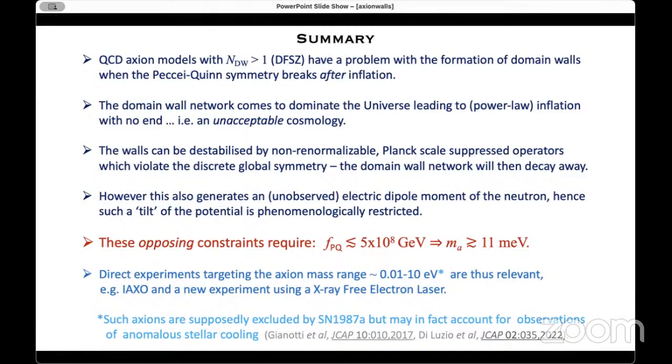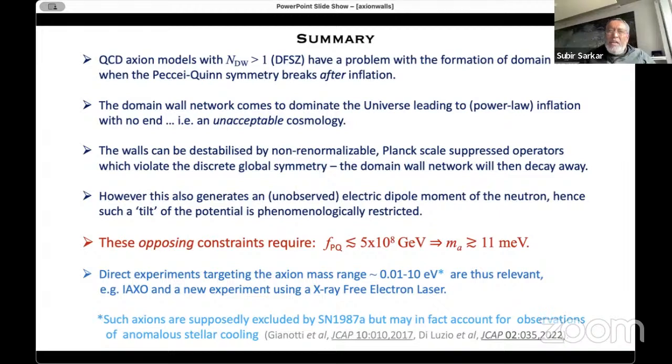So during the spontaneous symmetry breaking, all patches of the universe would prefer to go to the lowest energy vacuum.